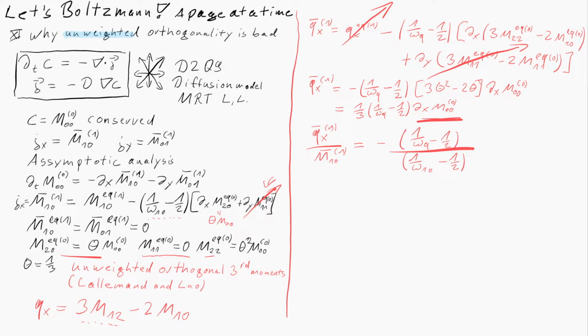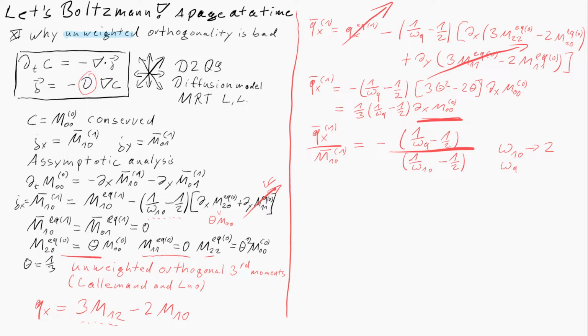So why is this a problem? This is a problem because we want to have omega 1, 0, which is related to the diffusion coefficient. For efficient simulation, we want this to be close to 2, while we would like to use dissipation on the third order moment.